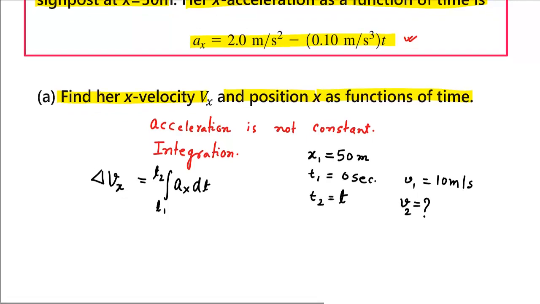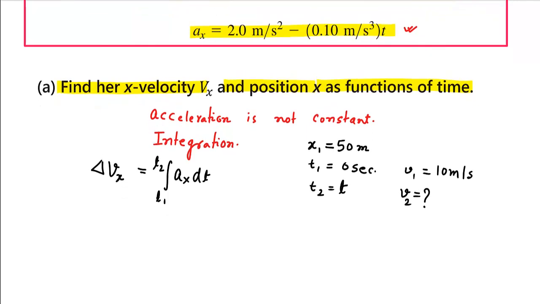So let us plug the acceleration into this expression. We have delta Vx equals the integration from t1 to t2 of the acceleration in the x direction, which is 2 meter per second square minus 0.1 meter per second cube times t.